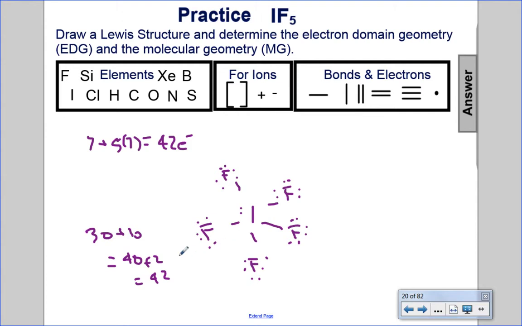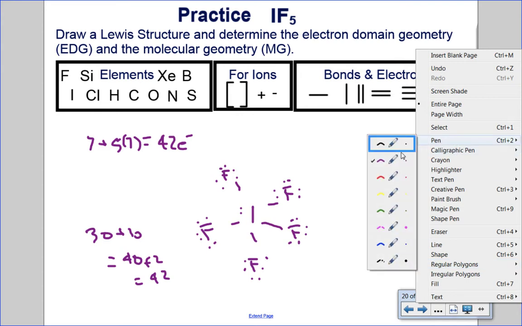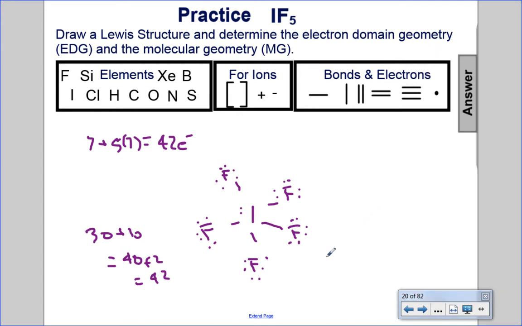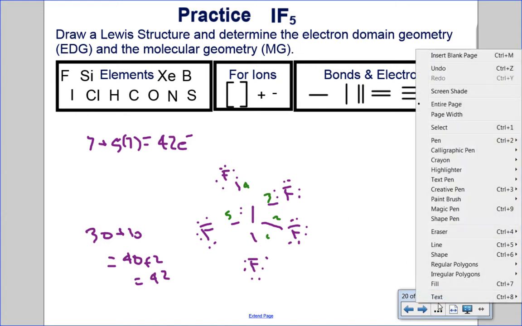Now, VSEPR number. How many electron domains are there around the iodine? I'll tell you what, let's use a different color so as not to be confusing. So let's get out green. So, unbonded pair or bonded pairs, we have 1, 2, 3, 4, 5 bonds around the iodine, the central atom.